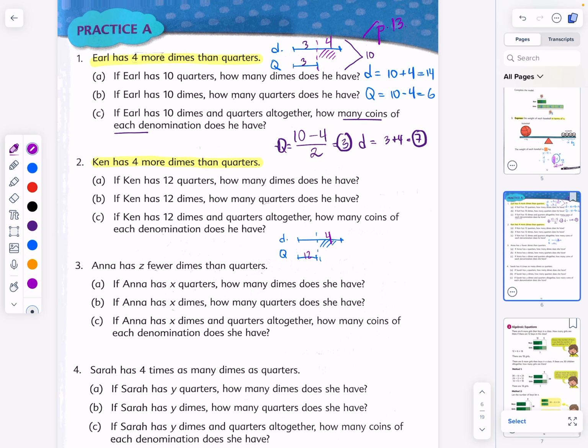I hope you're realizing this is still 3rd grade problem. He has dimes equals 12 plus 4 equal 16. If Ken has 12 dimes, this part is 12. I hope you realize that for him to have 12 dimes, the quarters would be fewer. So it's 12 minus 4.